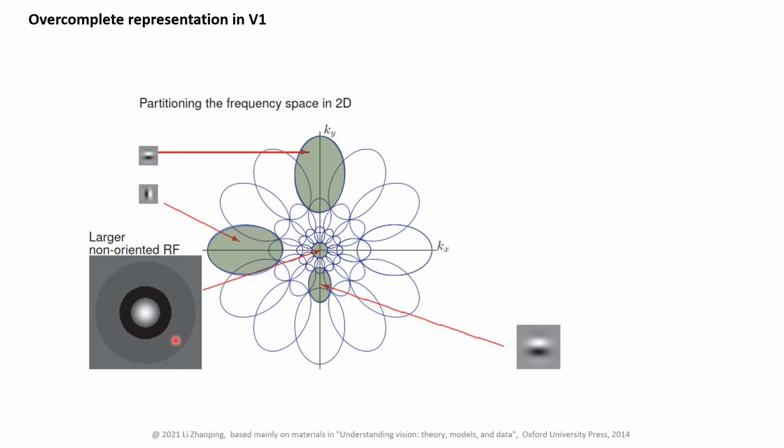For the V1 neuron tuned to this frequency band, it's not orientation tuned. This filter will be perhaps tuned to a frequency range around here, while this filter, smaller than that and tuned to a different orientation, should be tuned to a higher frequency range, perhaps somewhere around here.